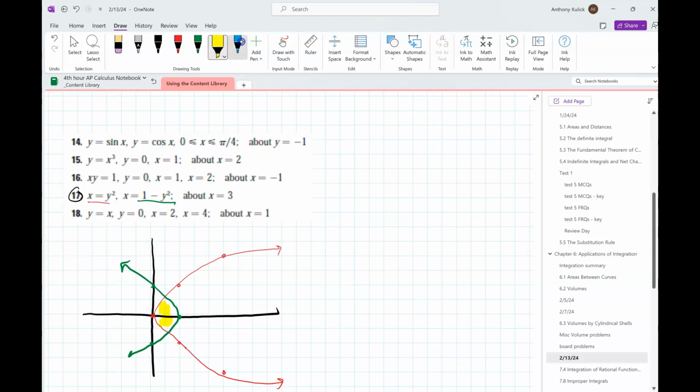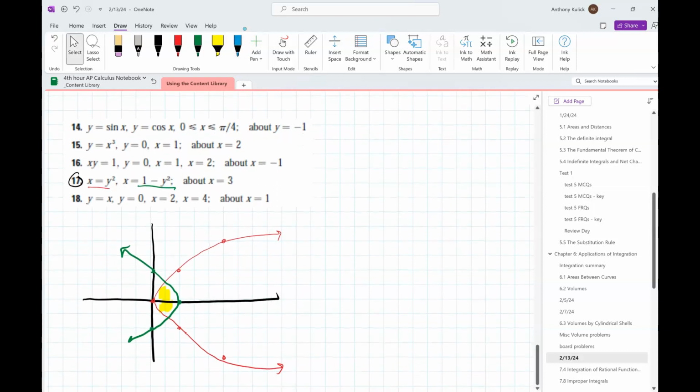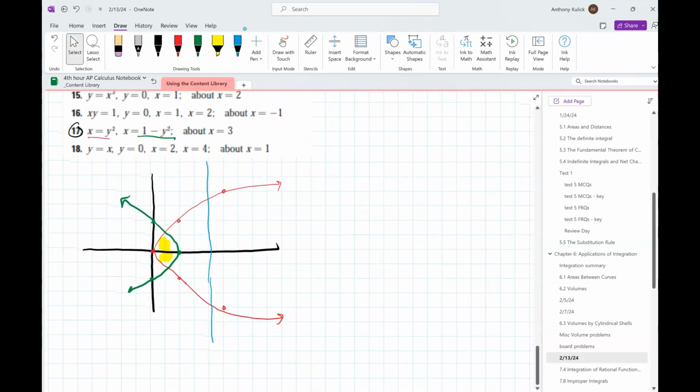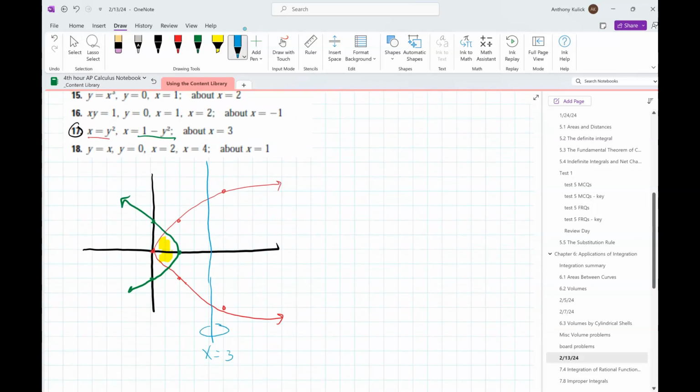And then we're rotating it about the line x equals 3. So that was 2. So there's x equals 3. Sound good? All right.